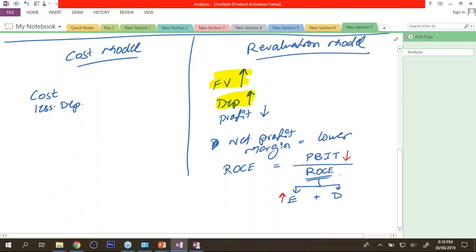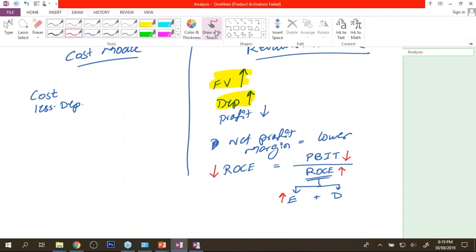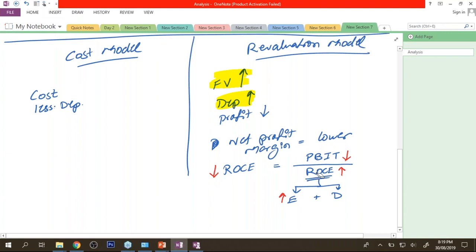So an increase in the denominator of ROCE will reduce the return on capital employed. So the increase in capital employed will actually decrease the ROCE, plus the decrease in PBIT will again decrease the ROCE. So ROCE has two impacts of decrease in case of the revaluation model.